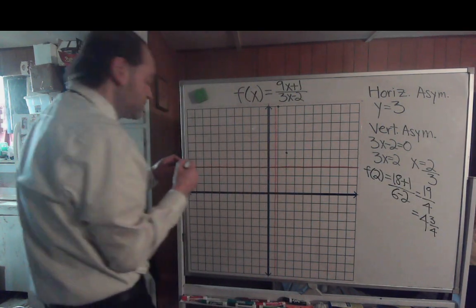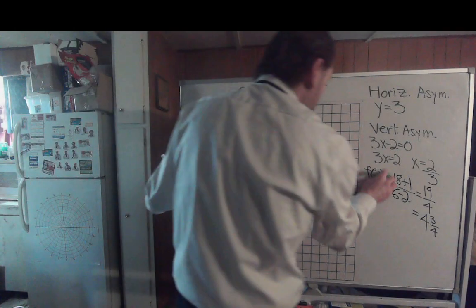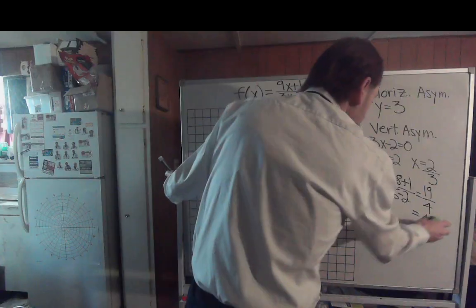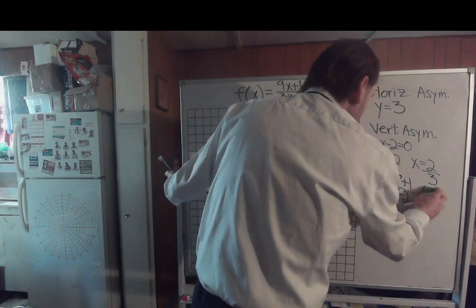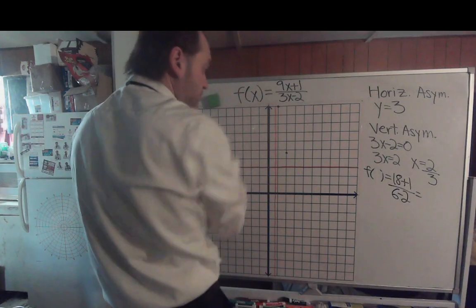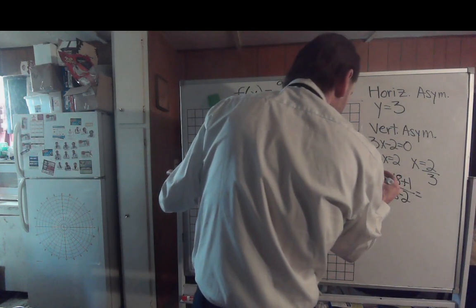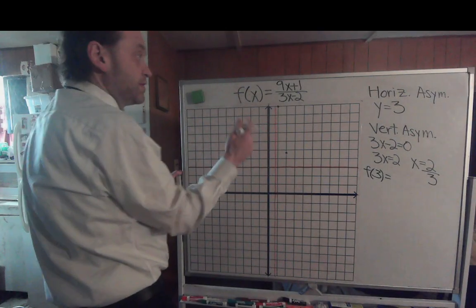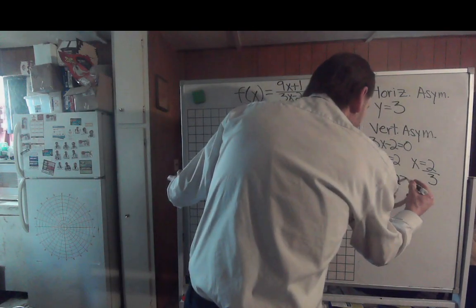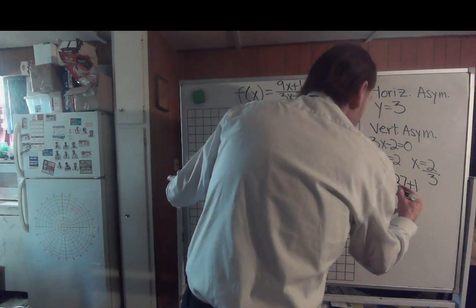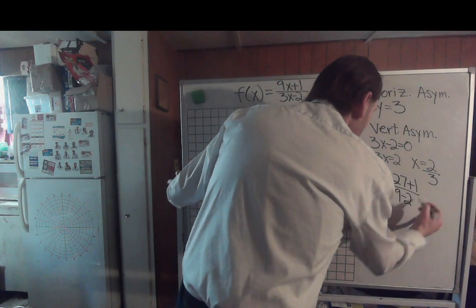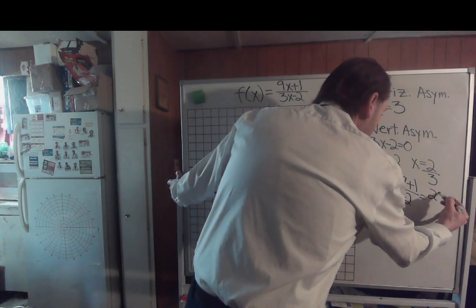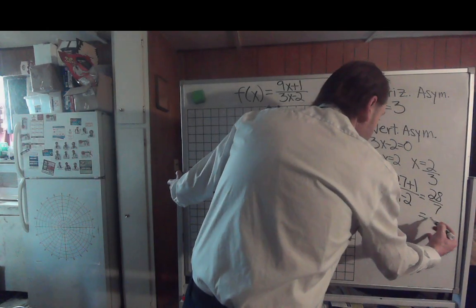All right, let's do f of 3. So when x is 3. Well, it would help if I put the right numbers in here, would it not? Okay, so f of 3, you would get 27 plus 1 all over 9 minus 2, which would give me 28 divided by 7, which is exactly 4.